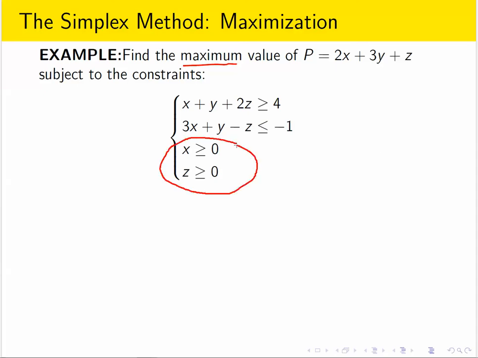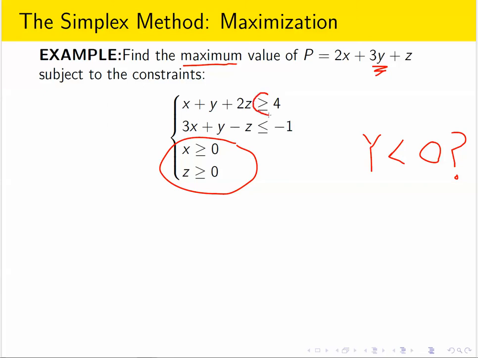First of all, we're told that x and z are non-negative, but there's no such constraint for y. So it's possible that y could be less than 0. And if that's the case, then the simplex method will not apply. Similarly, the other constraints have problems with them.